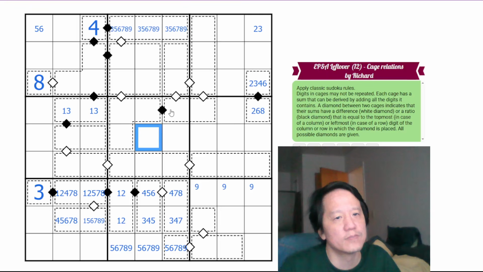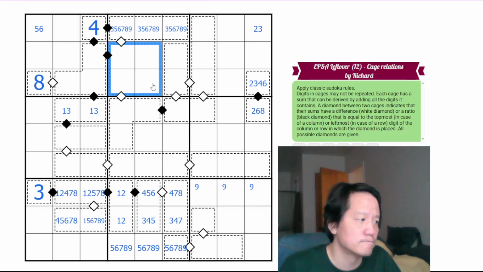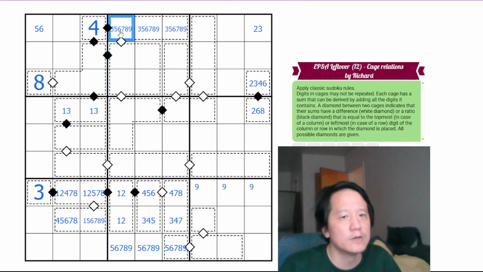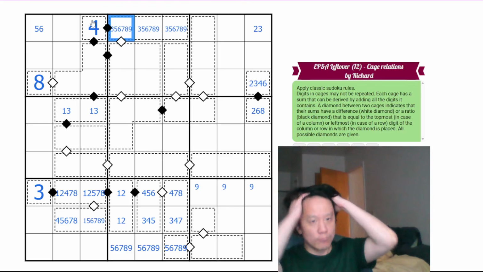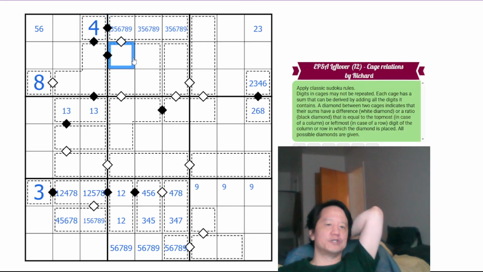Okay. Oh, this is 16. This could also be 16. Interesting. This is a ratio, though.